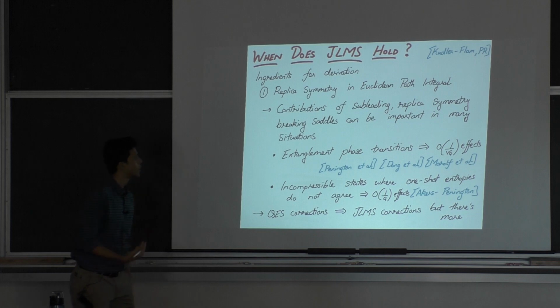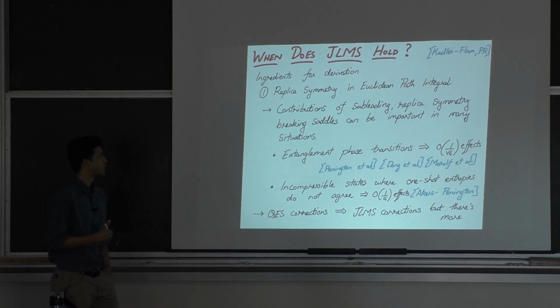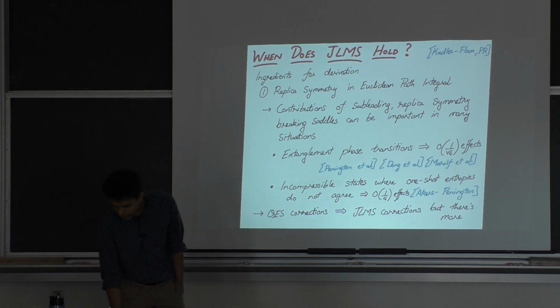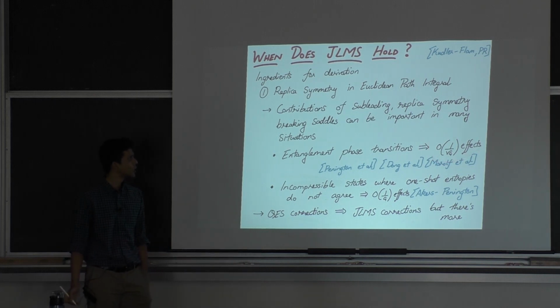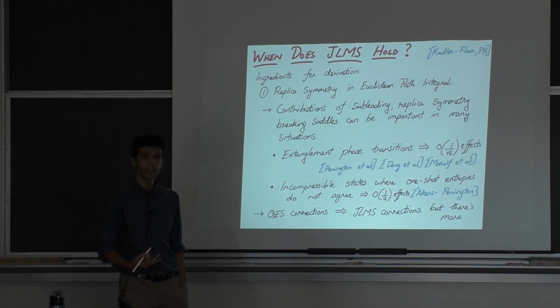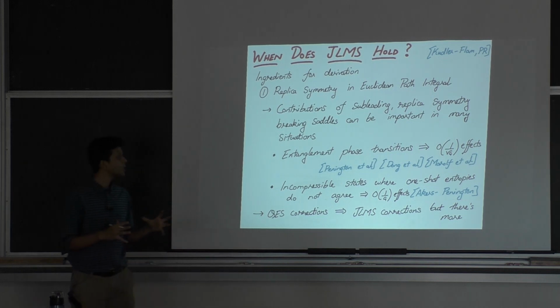There are situations when replica symmetry fails and subleading replica symmetry breaking saddles can become important. And a lot of this has been analyzed in the last few years. For example, near entanglement phase transitions, you can have these corrections of order 1 over square root g, which was analyzed in these papers. And more so, you can also have leading order corrections, as was discussed by Akers and Pennington, when you have these incompressible states where the one-shot entropies don't agree.